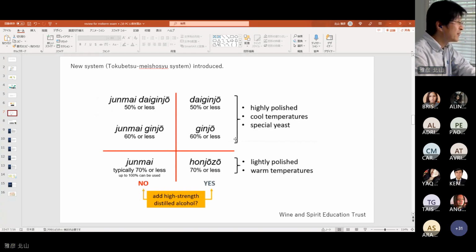And next question: if you have sake which was made using rice at a polishing rate of 70%, the sake producer or sake maker shouldn't use these words.